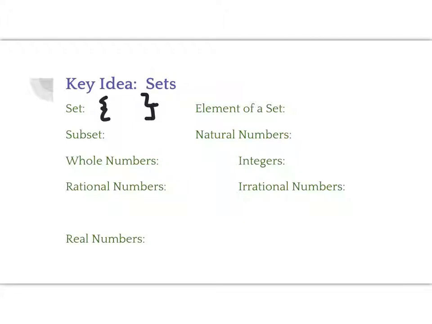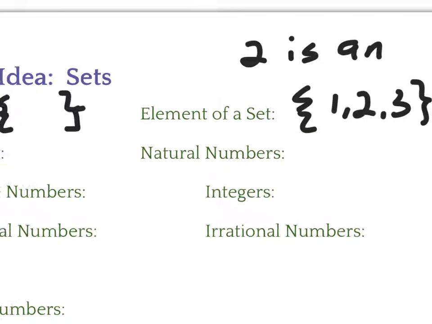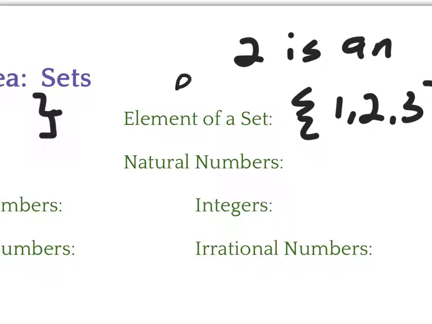If I have the set, which usually would just be numbers, 1, 2, 3, then 2 is an element of the set.